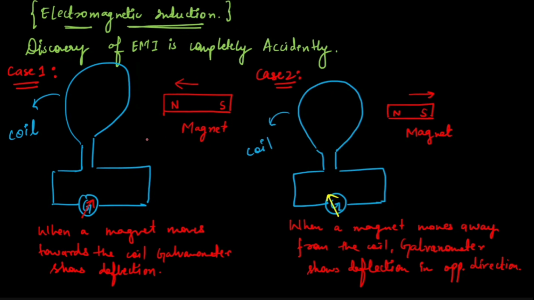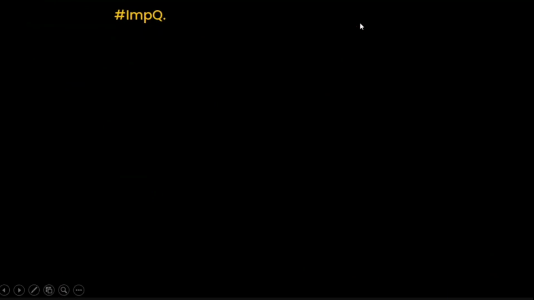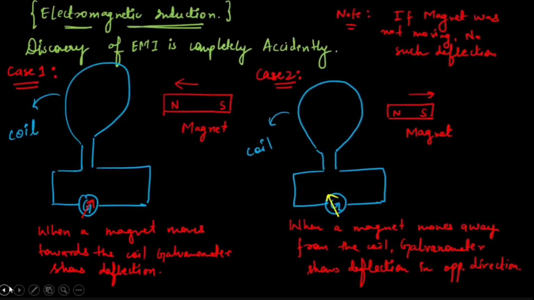Next, he just kept a magnet there with no motion of the magnet. If there was no motion of the magnet, he saw that there was no deflection. So one thing he came a little sure about is that the motion of the magnet is responsible for the induction of current.